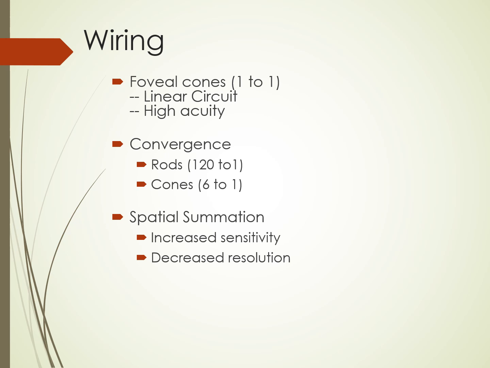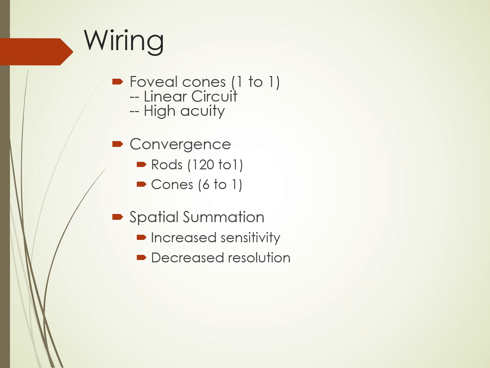The reason this is happening is because of the foveal cones, and it's really because of the circuitry of those cones. If we look at these circuits that are created along these neural networks, this linear circuit for the foveal cones means that if we have a one-to-one circuit, each of those cones is represented in the brain, and it gives us this high acuity.